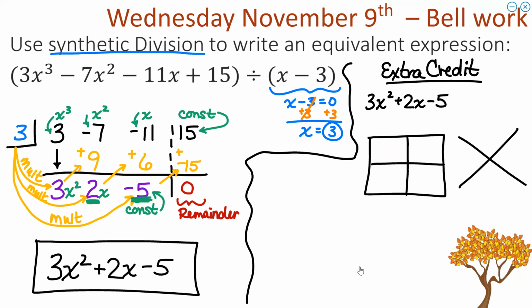That's where I put my a value. What about here? Negative 5. That's where we put our c value. What about here and here?